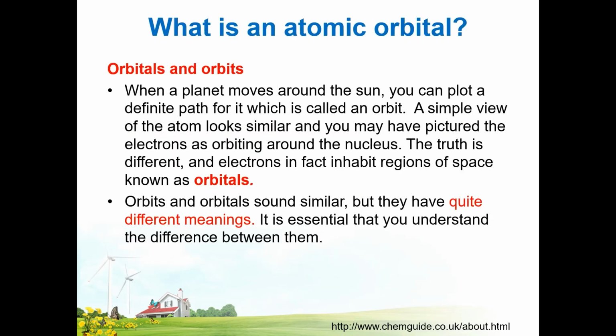What is an atomic orbital? Orbits are the definite path whereby a planet moves around the sun. But orbitals are the region of space inhabited by electrons.